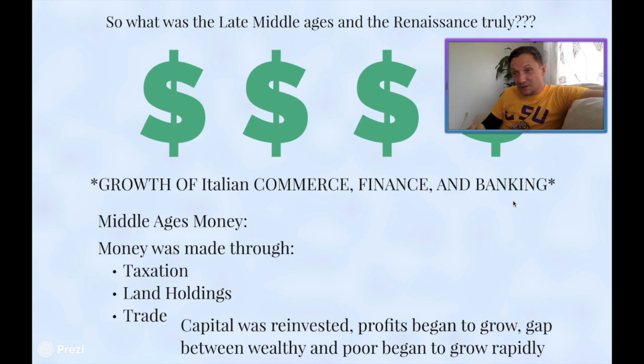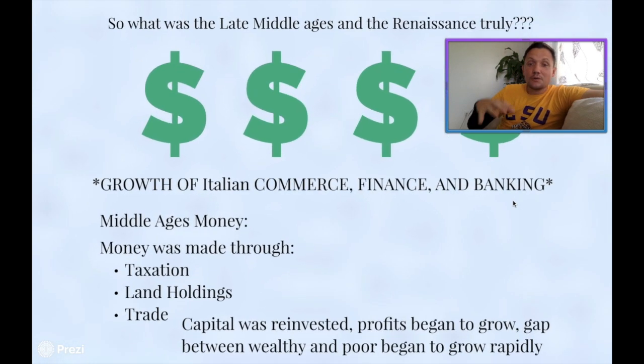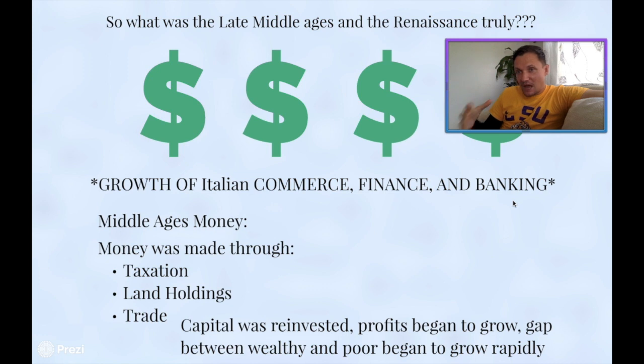Now, usually, though, what is going to start finally happening, capital during the Middle Ages is going to begin to be reinvested. Profits are going to begin to grow. And a gap between the wealthy and the poor is going to start growing rapidly as well, okay? So that reinvestment of capital is really important. That is the keystone marker of a capitalist economy, the thing that's going to bring Europe out of the quote-unquote dark ages and into the Renaissance period, that period of rebirth, right?